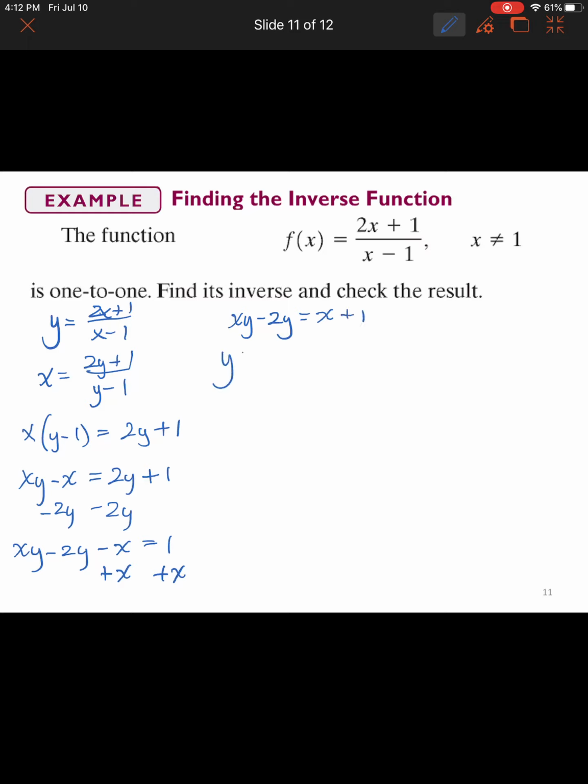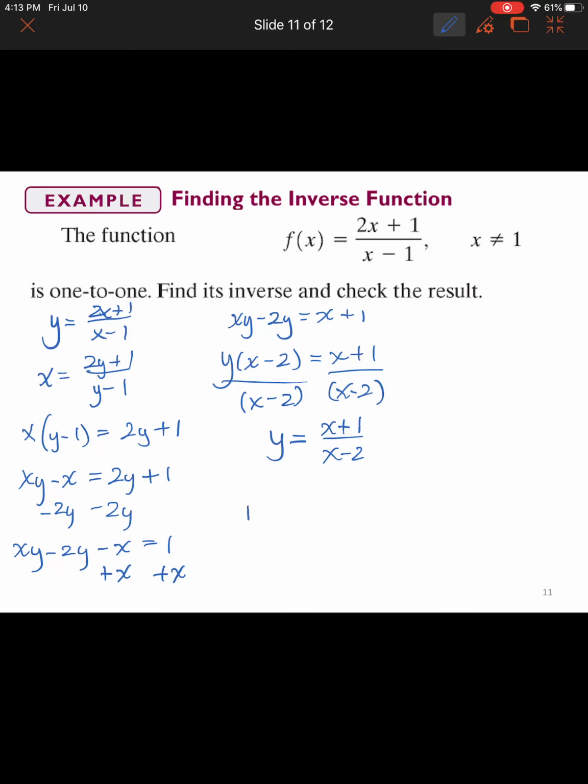Factor y out. Because remember, we're solving for y. We're getting it by itself. And finally, guess what, team? Now that we have this y all alone, you have found your inverse.